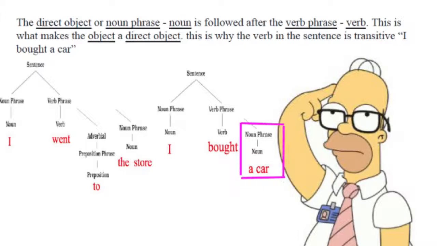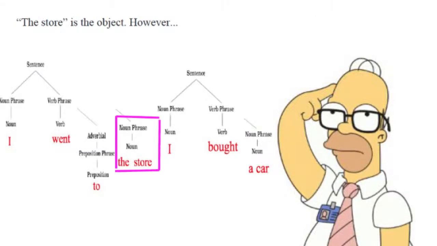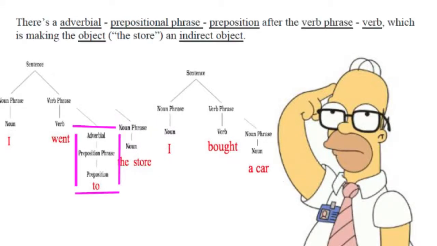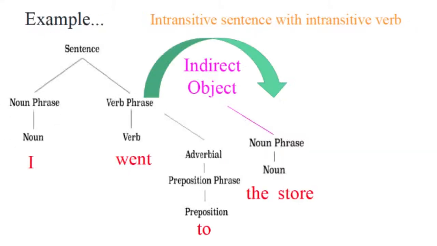I bought a car. The store is the object. However, there is an adverbial prepositional phrase, preposition, after the verb phrase, verb, which is making the object, the store, an indirect object. If you notice the arrow from the verb pointing to the store, you notice that to is in the center, and that is a preposition.